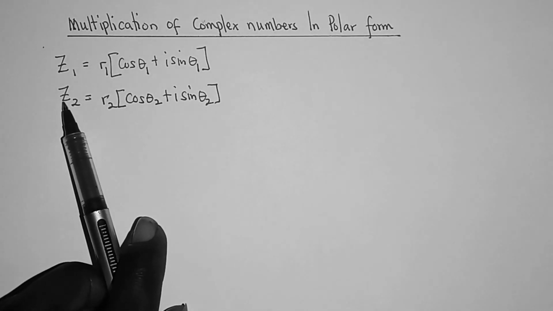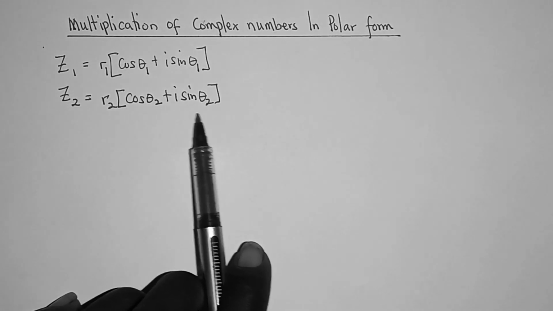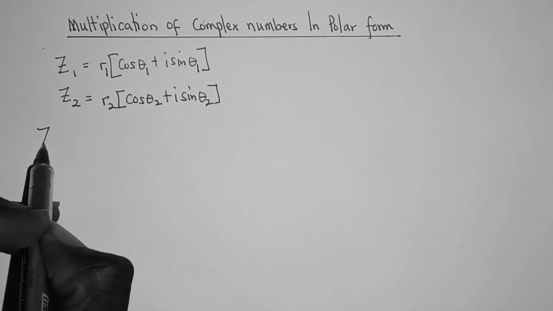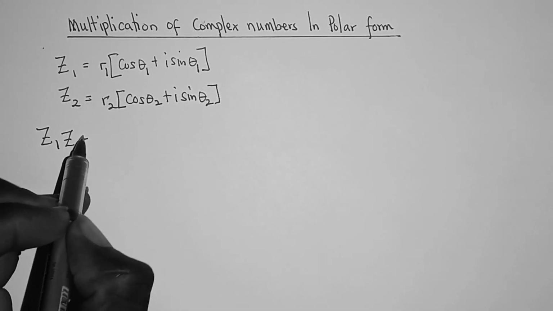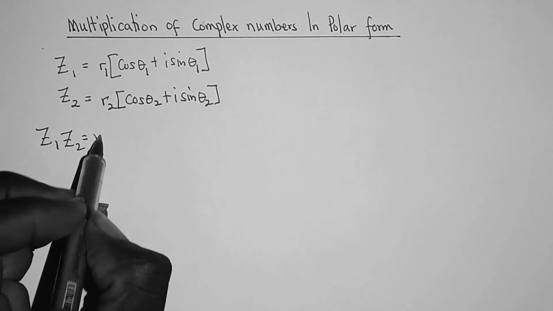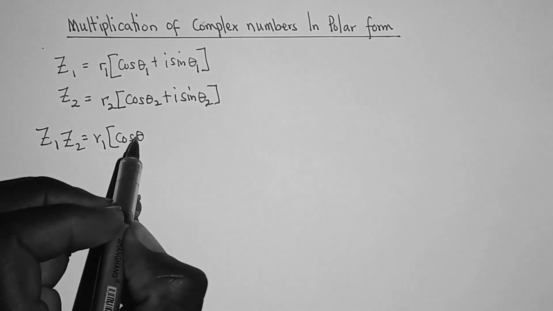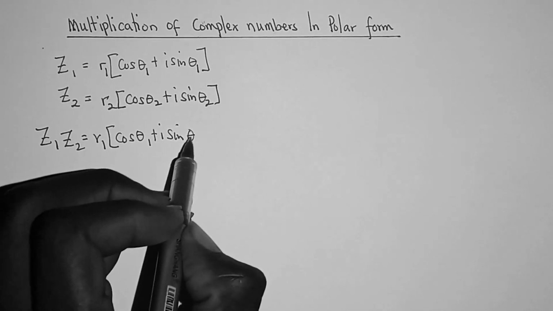And then we have the second one, z2, equals r2 times the bracket of cos theta 2 plus i sine theta 2. What is z1 times z2? z1 z2 is equal to r1 times the bracket of cos theta 1 plus i sine theta 1.